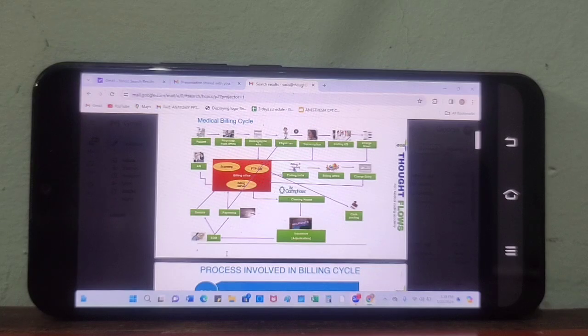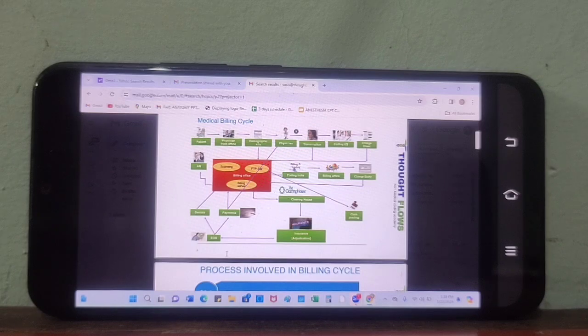Now, before going to meet the doctor, in the doctor's front office, they give a chart, a demographic sheet.